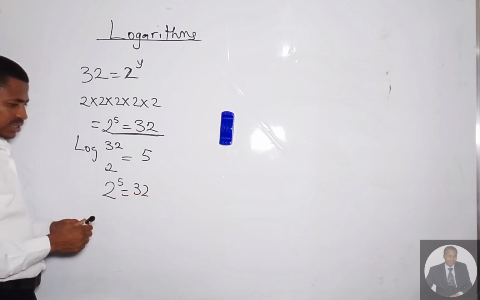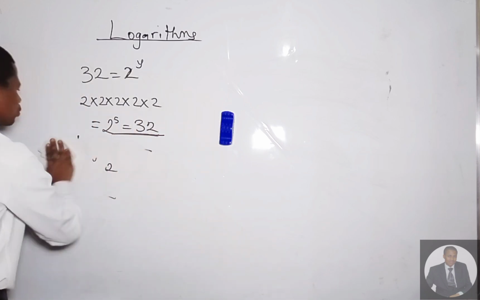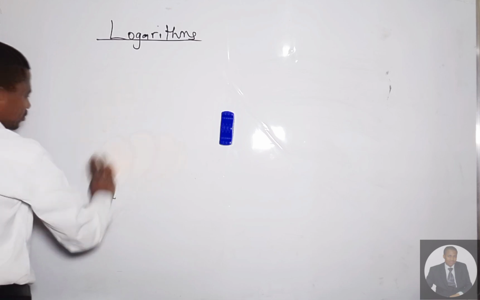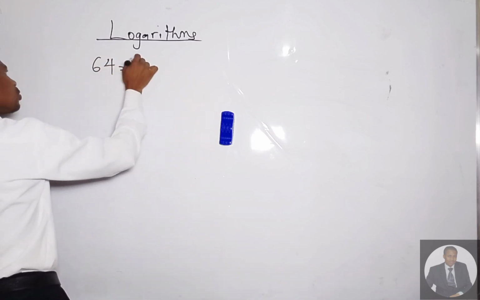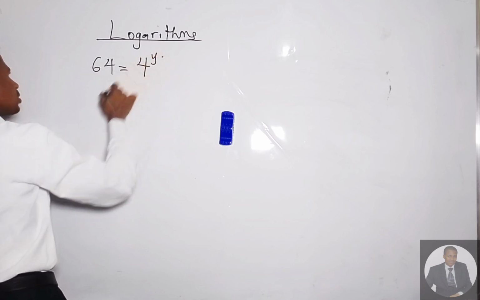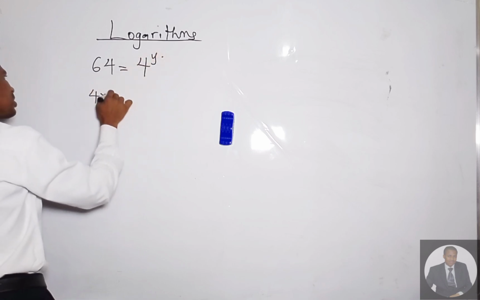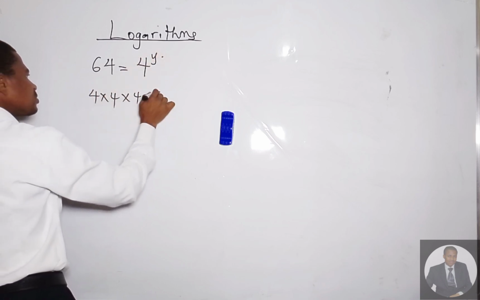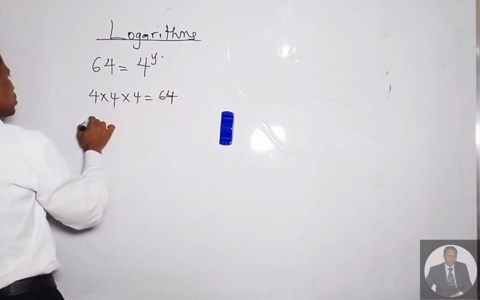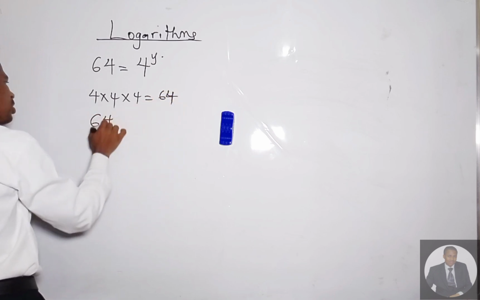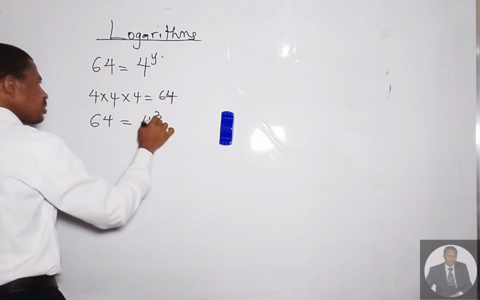Now, let's look at another example. 64 is equal to 4 raised to power what? Say 4 times 4, 16. 16 times 4, that's what? 64. So it means 64 is equal to 4 raised to power 3.